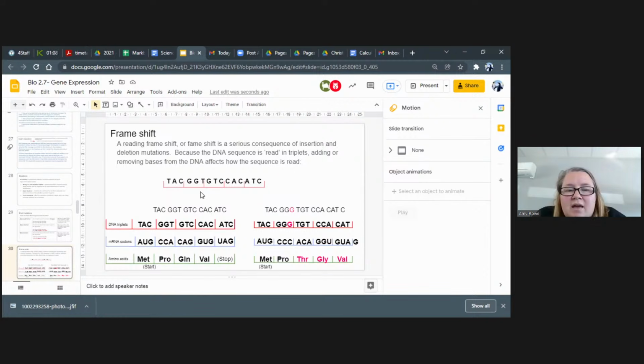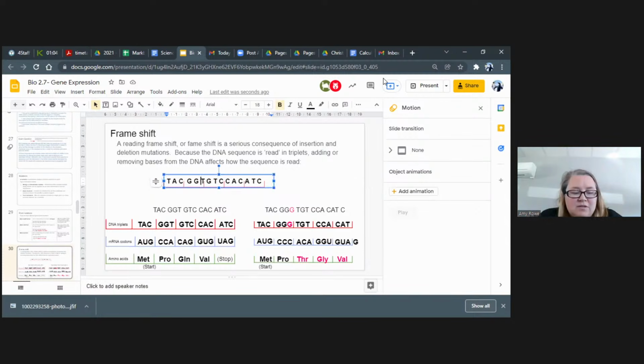If there was an insertion in our DNA sequence and there was an extra G in here, what it does is it shuffles all the rest of our sequence along within our reading frame. So the DNA sequence shuffles, our reading frame stays the same, but now those groups of three within those little frames are different, and you can see what effect that has had down here.